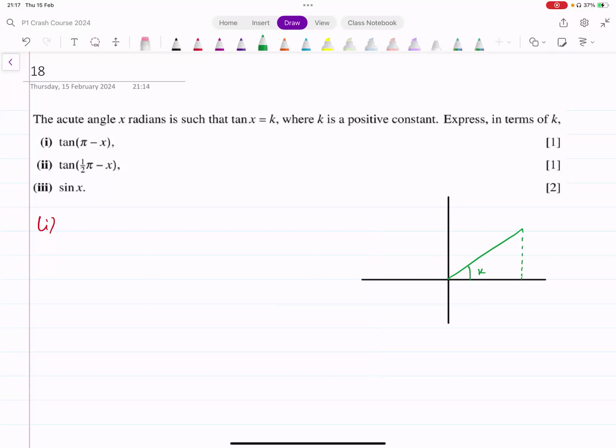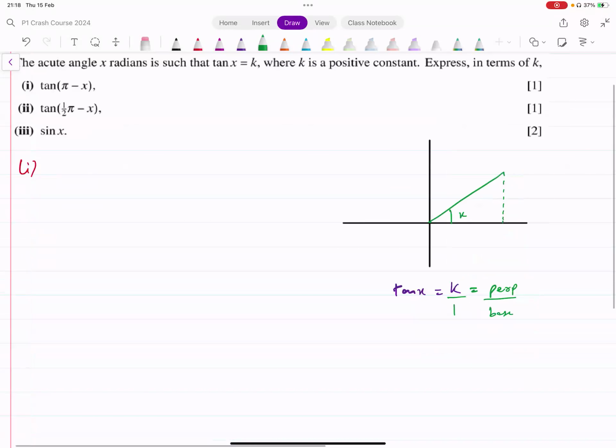We are given tan x equals k, right? That is what we are given. How is tan defined? Tan is defined as perpendicular over the base. This is the definition of tan. So we can say if perpendicular is k, then what about the base? Base is going to be 1. Now, using perpendicular and base, can we figure out the hypotenuse?